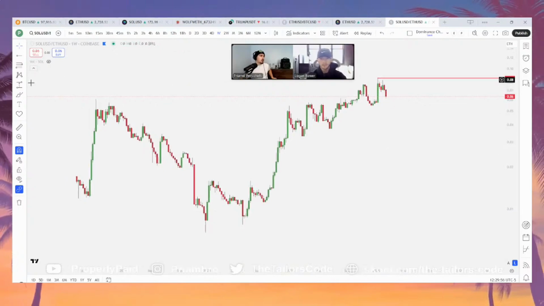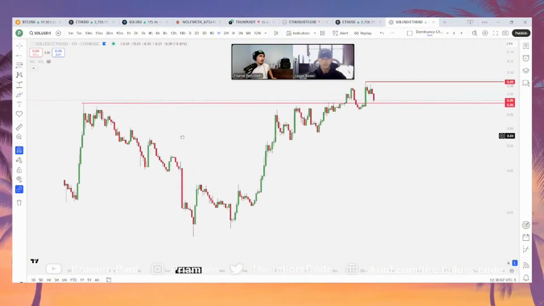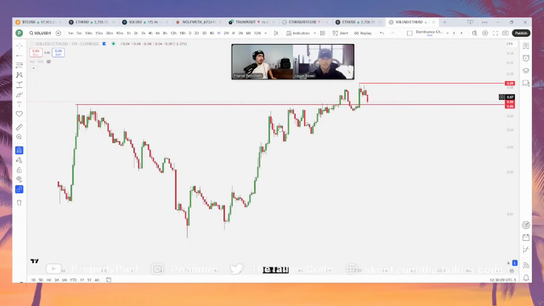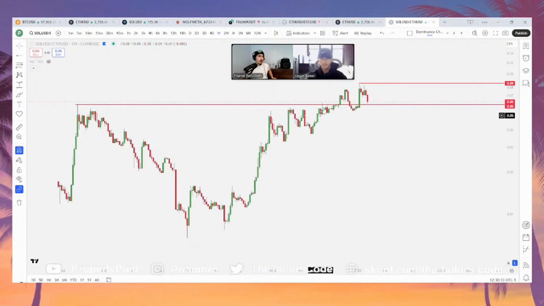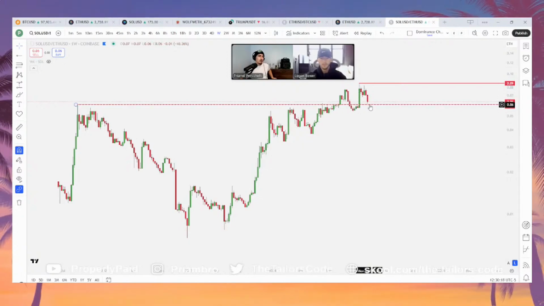So Solana over ETH breaks out, goes to a new all-time high. Up here, it kind of rejects on its previous all-time high, which was over here. So it kind of just reaccumulates, or bull chops, right by the previous all-time high, finally breaks out, comes back down, breaks out again, comes back and does a retest.